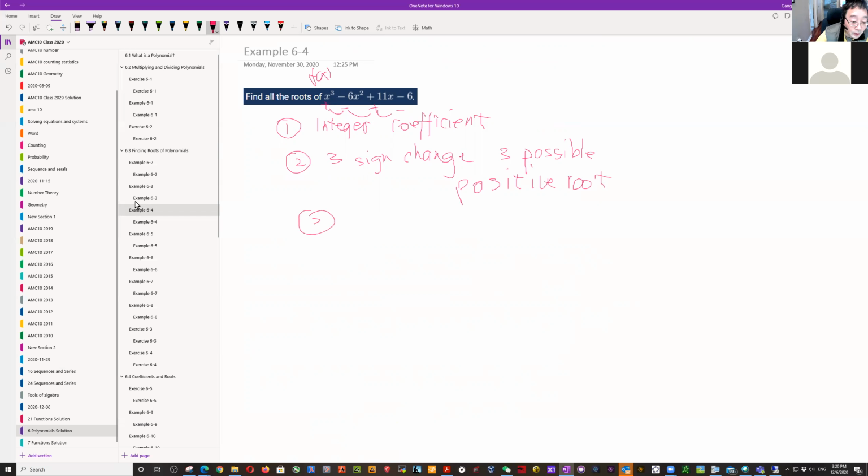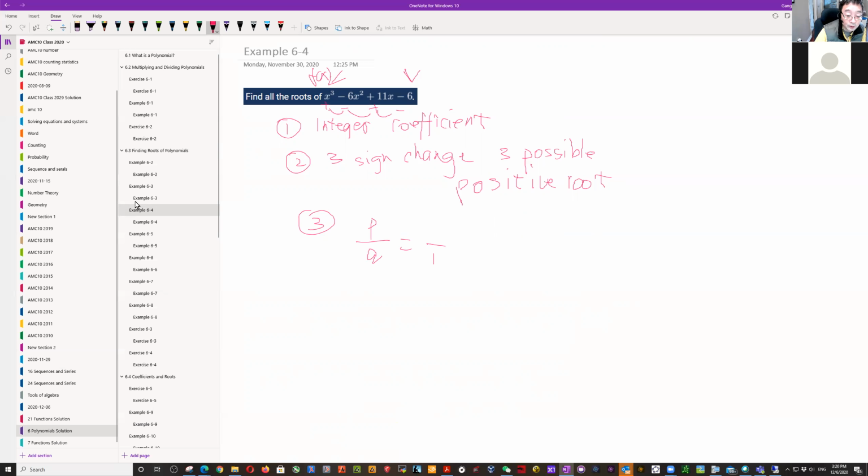The third thing is the coefficients. The leading coefficient is 1, the tail coefficient is 6. So how many integer or rational solutions are possible? They're in the form p over q, and q is 1 because the leading coefficient is 1.